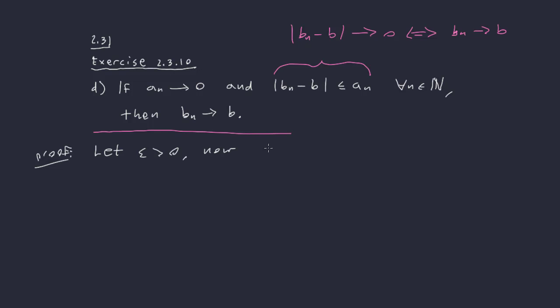Now, since a_n converges to 0, there exists a capital N such that the absolute value of a_n minus 0 is less than epsilon for n, little n, greater than or equal to big N.